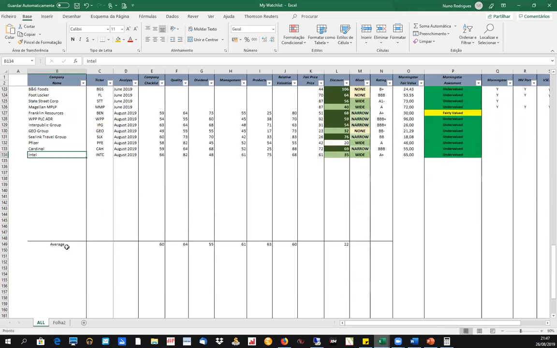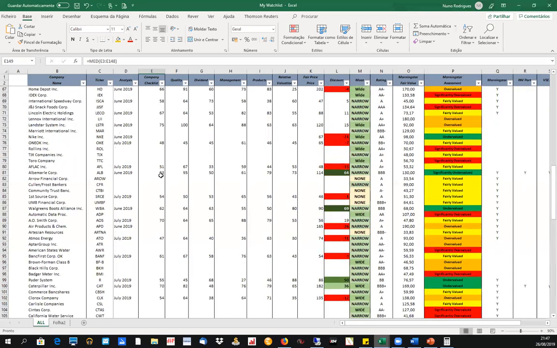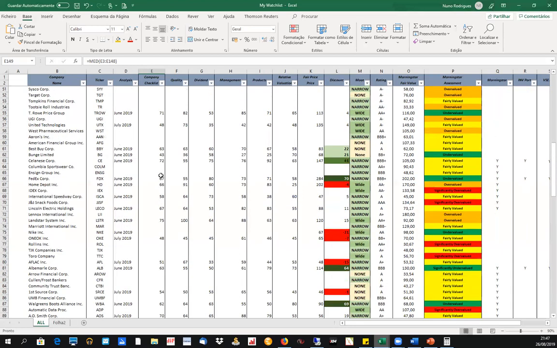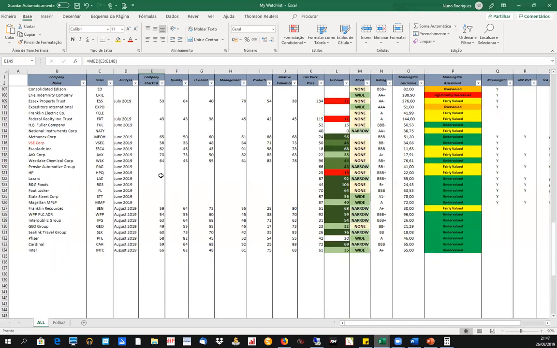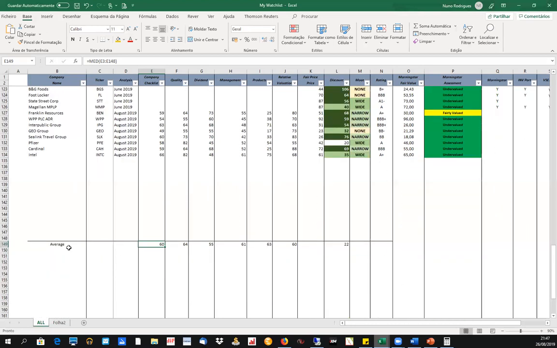And we can see the average, all right? From our watch list database, in terms of company checklist, the average is 60. So we have lots of different companies, different sectors, cyclicals, defensive, and having this average here helps us see this from other perspectives.